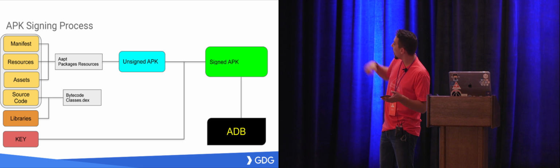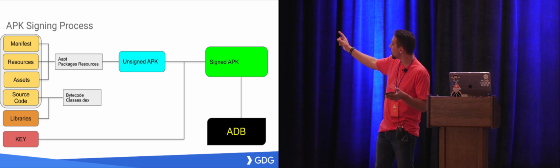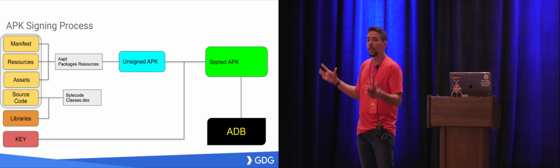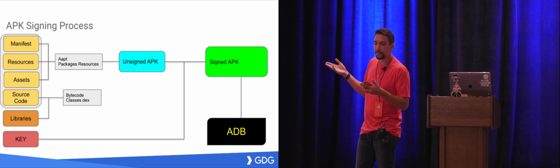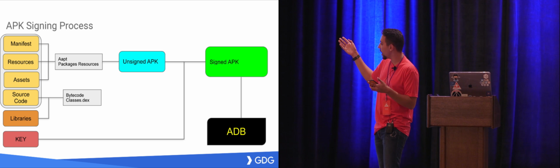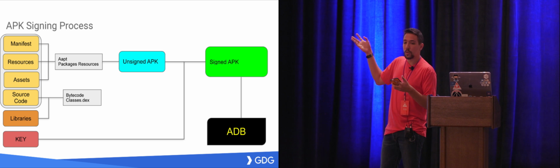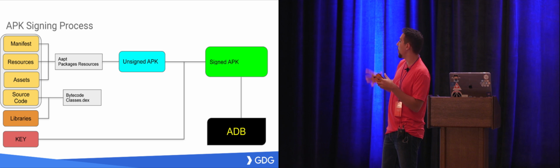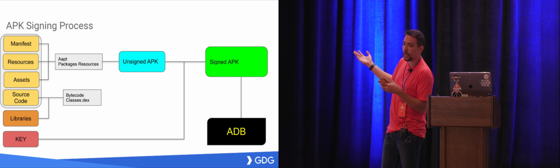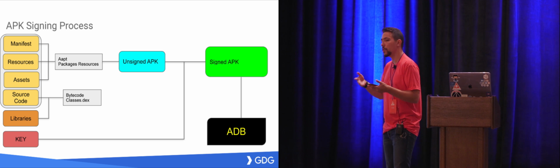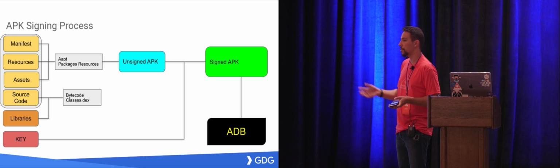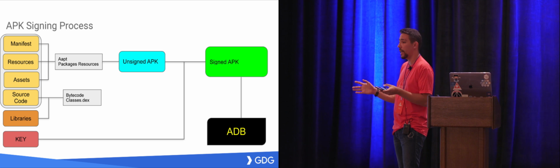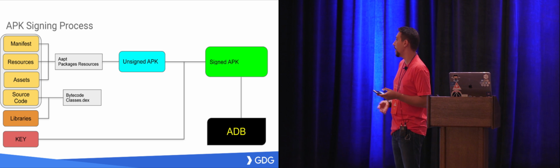I see there's a line missing there because the package resources and the classes.dex get combined together to create the unsigned APK. And then the unsigned APK gets the actual key, and we get them together in order to create the signed APK. And then the signed APK is ready to go straight into ADB or go straight into the Play Store. So that's the actual signing process that we're getting into.